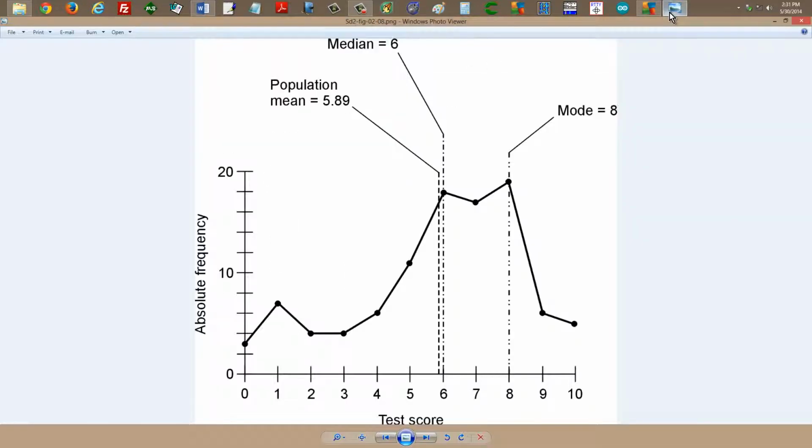That's called a bimodal distribution, bimodal. You might even have a trimodal or multimodal distribution. And by distribution, I simply mean this entire set of data, and particularly the graphical rendition of that data.